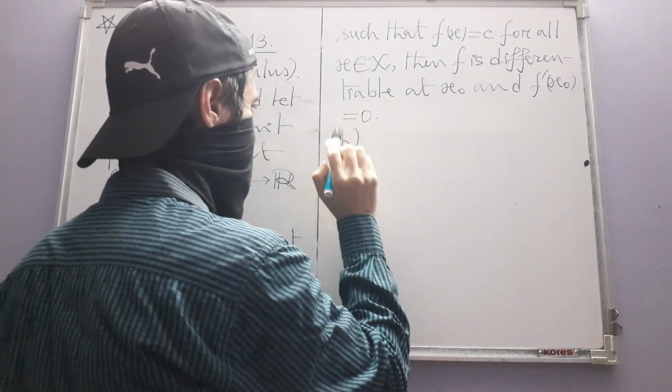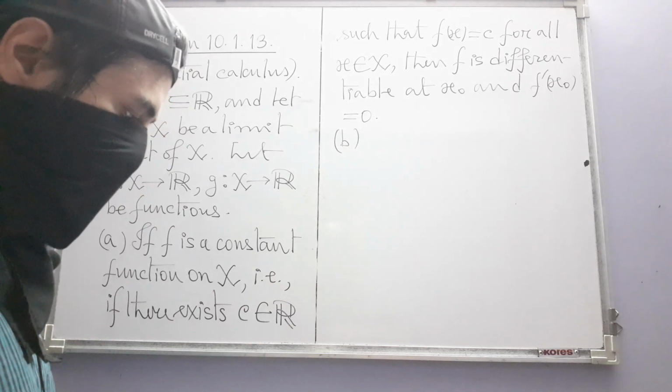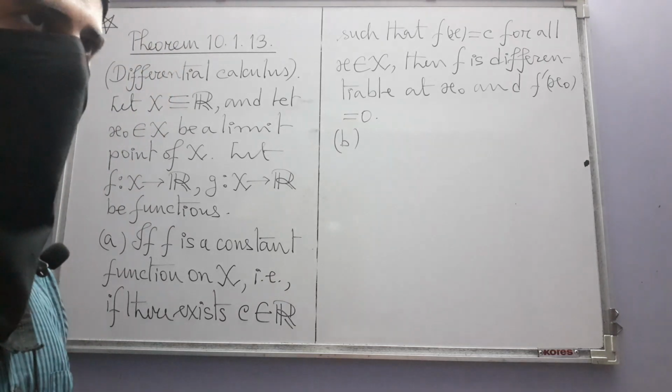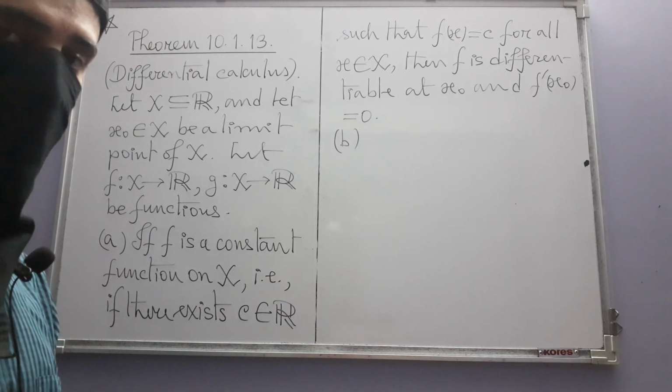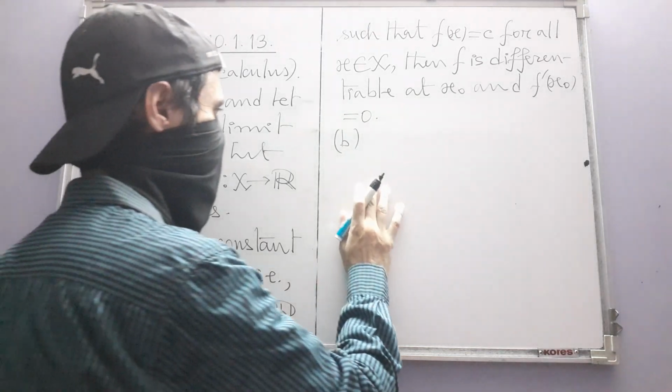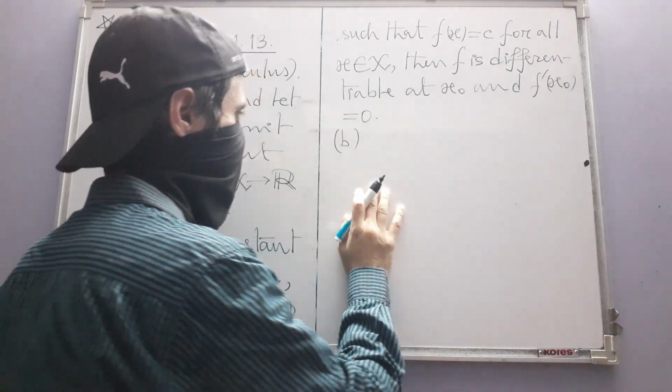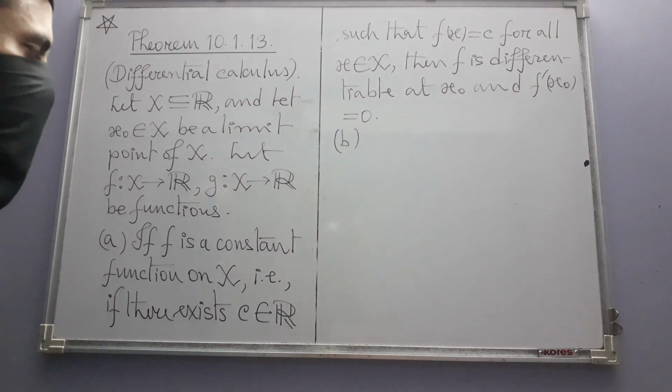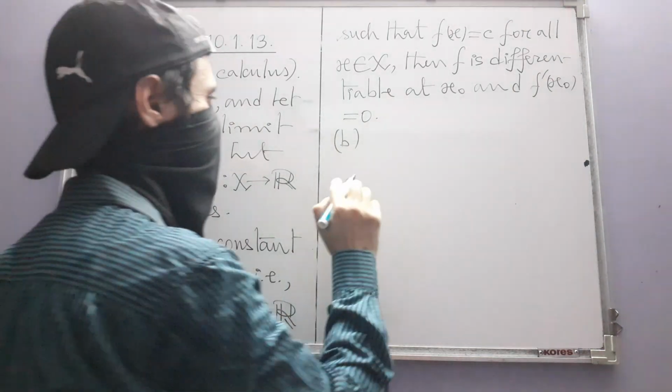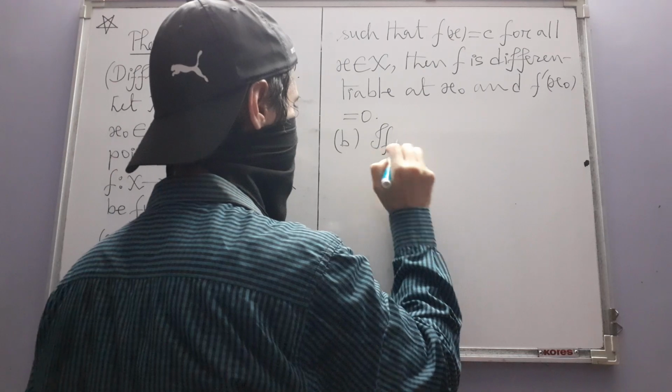Then part B. In part B we have the identity function. Well, we cannot actually call it the identity function, but okay, let's see what this part says.